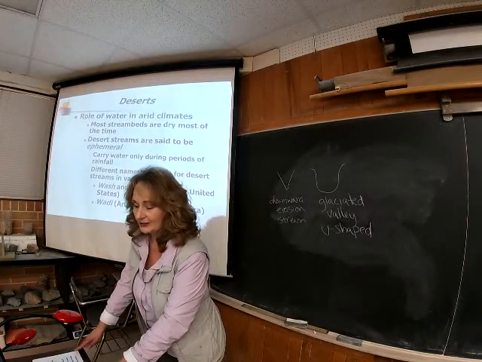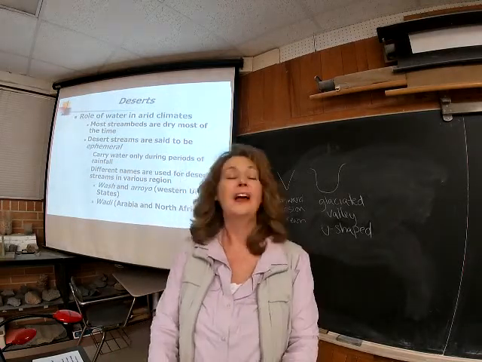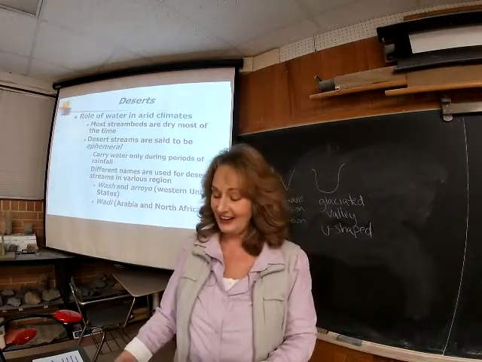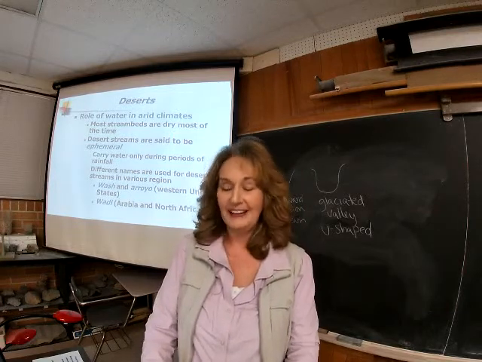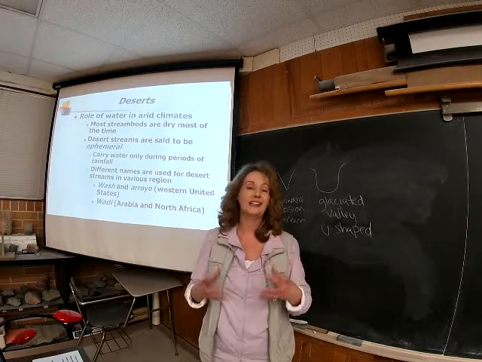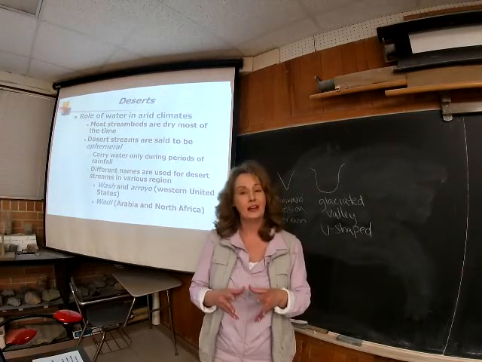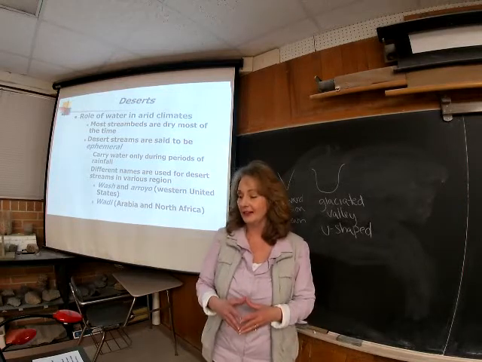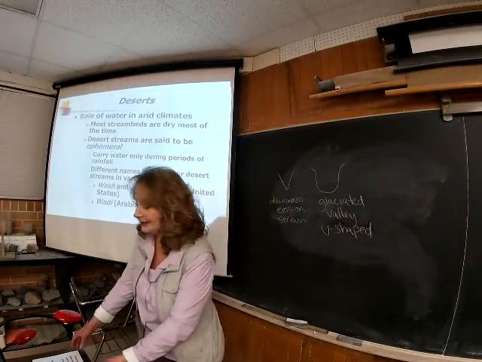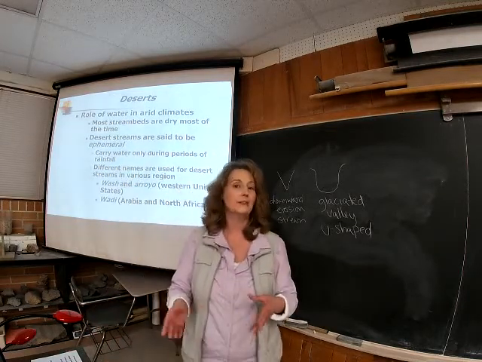So our deserts. It might be counterintuitive to think about the role of water in a desert, but water, like we said, running water is the single most important erosional agent of sculpting of the land. So the role of water in arid climates: most stream beds are dry most of the time.